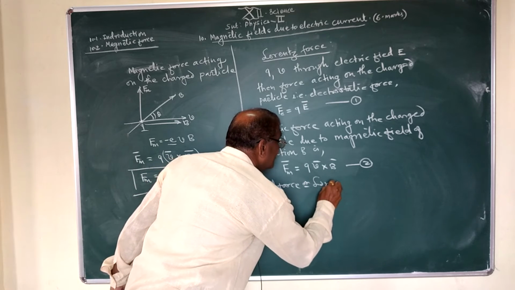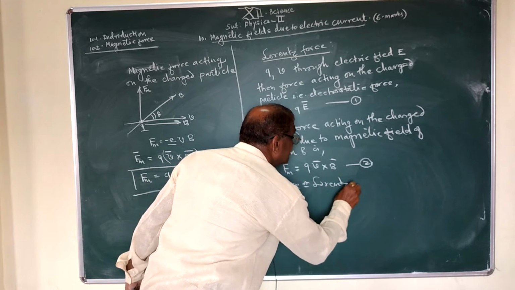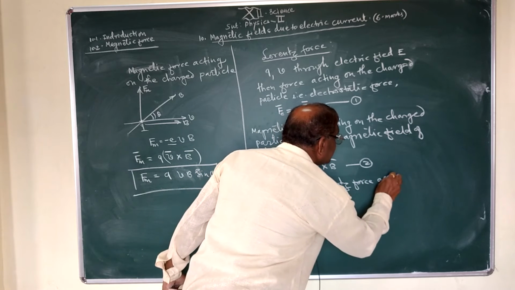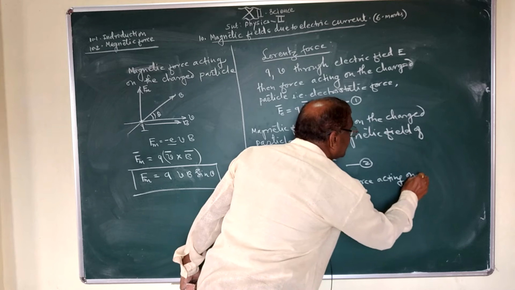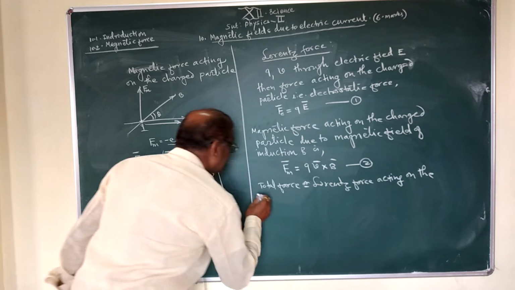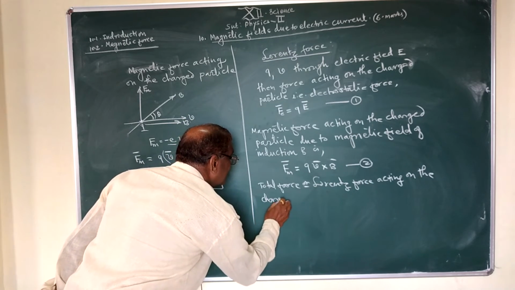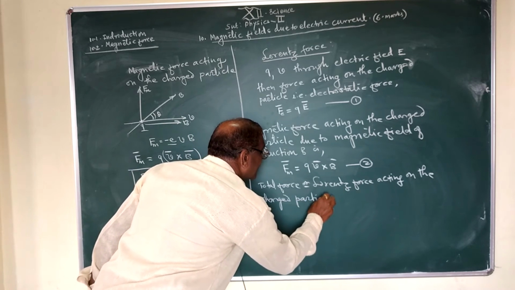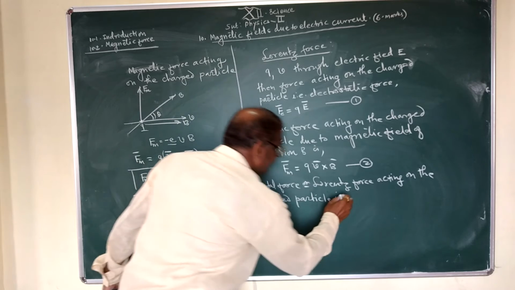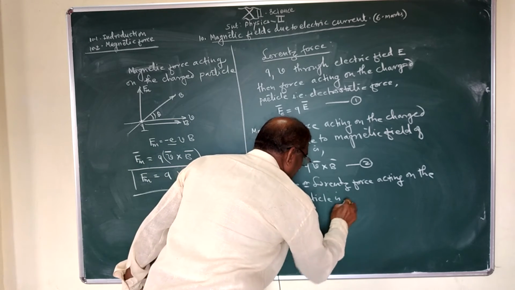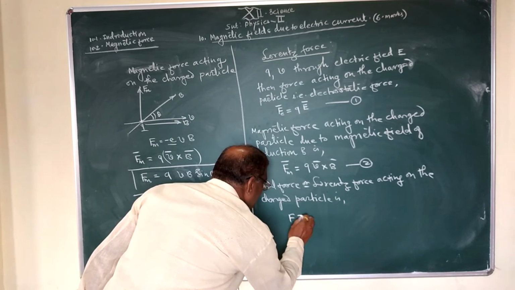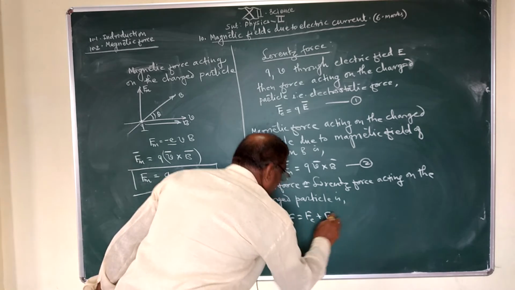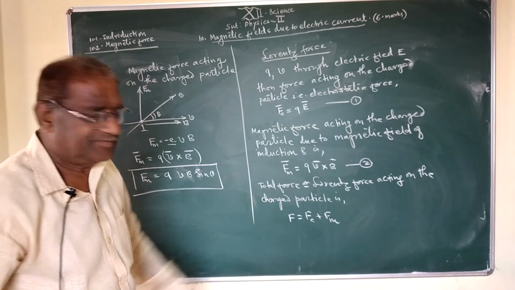This force is called the Lorentz force acting on the charged particle. It is given by F is equal to Fe plus Fm, the electrostatic force and the magnetic force.